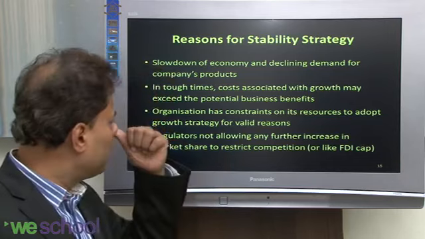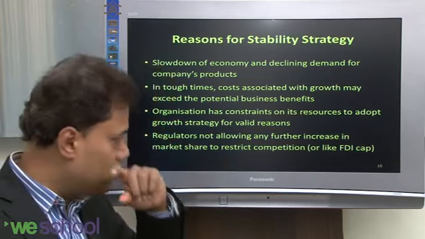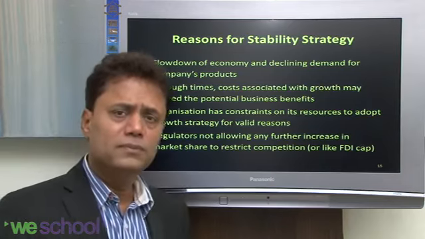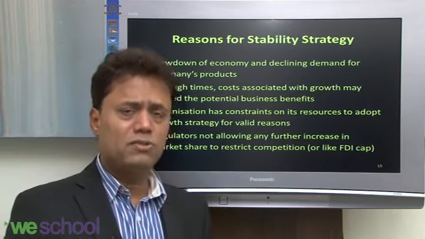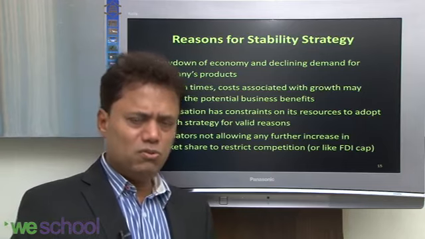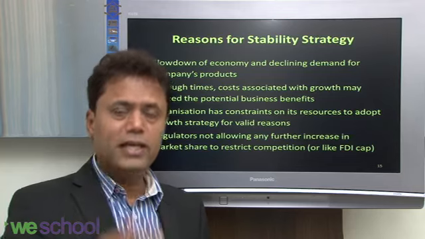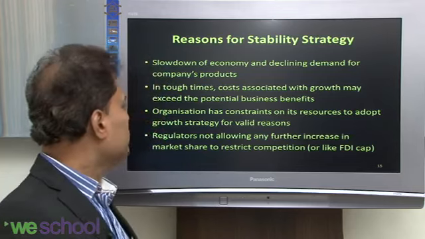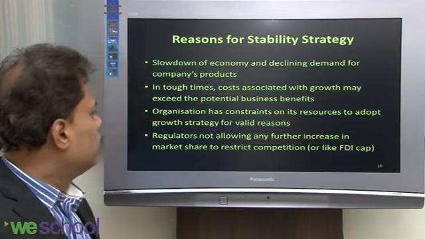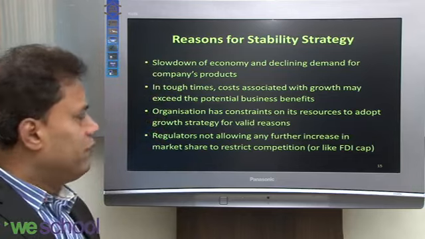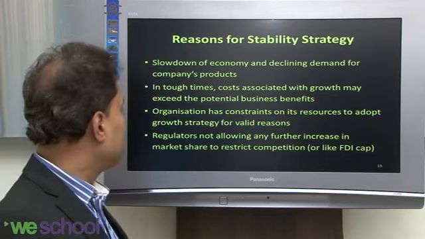The organization has constraints on its resources to adopt a growth strategy, for valid reasons. This is a very important point. You have constraints on resources, financial or people resources. You want to get stability first before you actually get into expansion and diversification. So you will wait for valid business justification to happen.